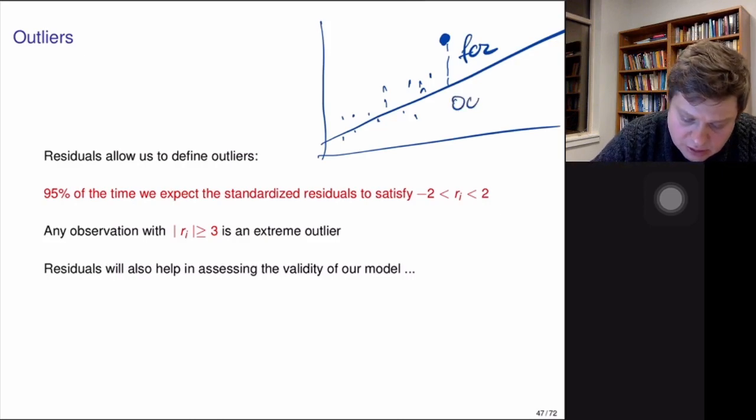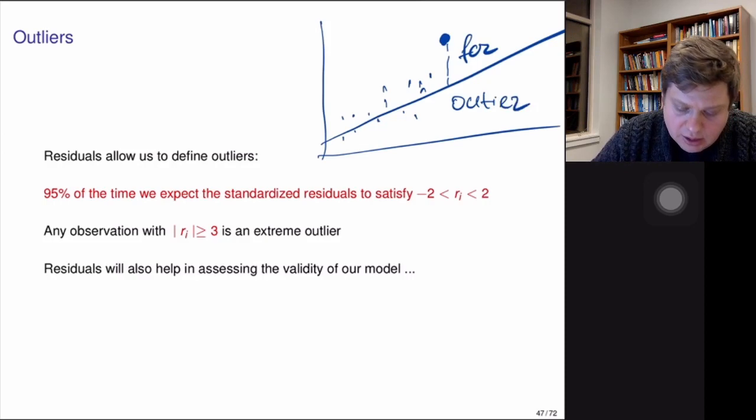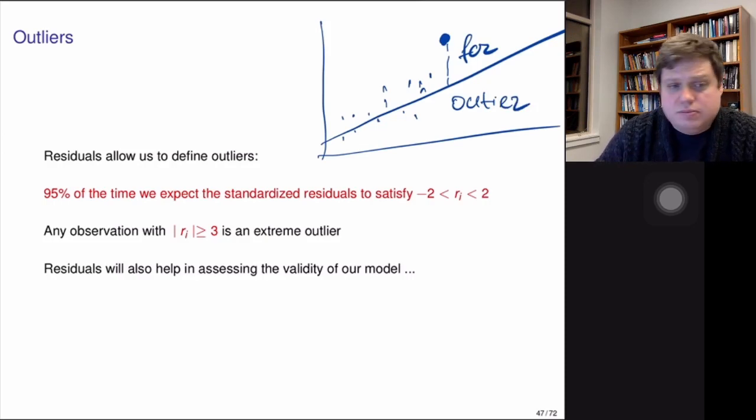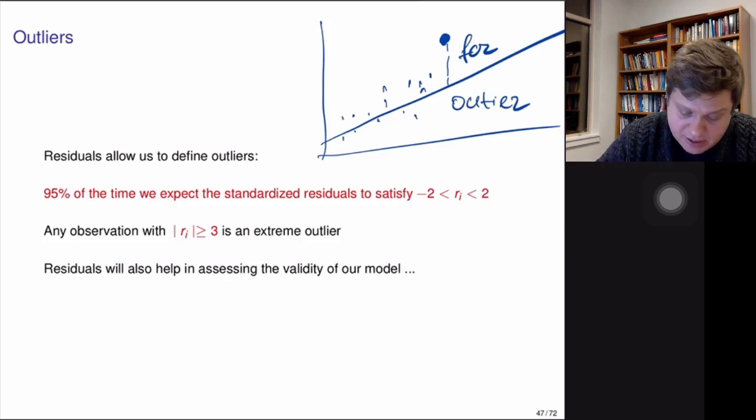So this is an outlier. There is no strict rule for what should be called an outlier, but a rule of thumb tells us if on the standardized scale the residual is greater than or equal to 3, then we call it an extreme outlier.